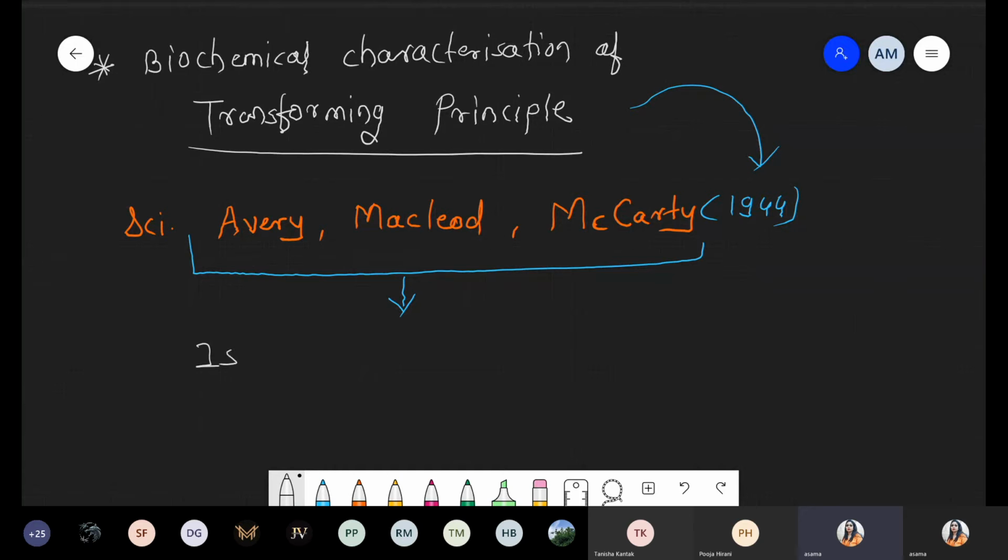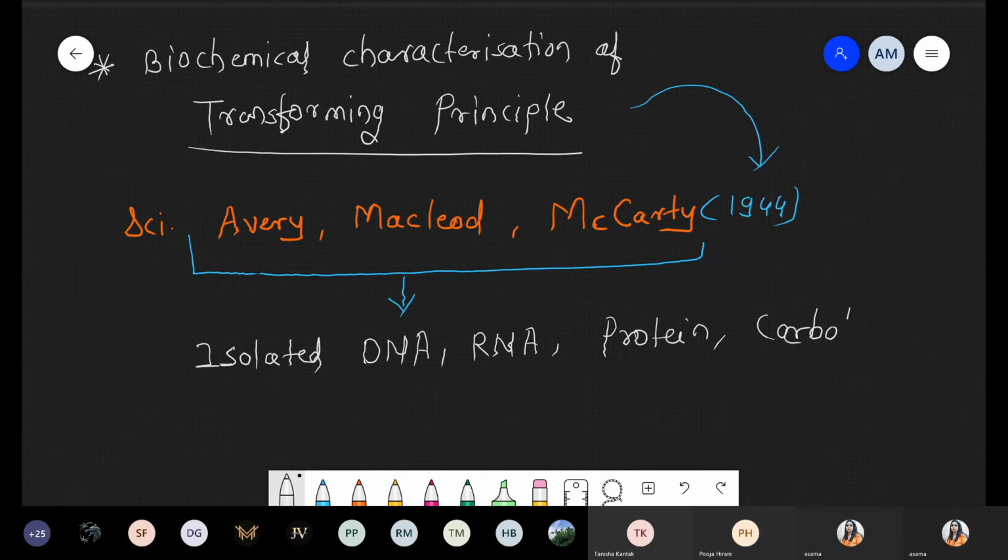So simply, they isolated DNA, RNA, protein, and carbohydrate from the smooth strain, and as we just discussed, that is the S3 strain.